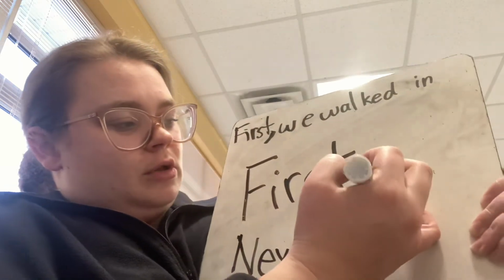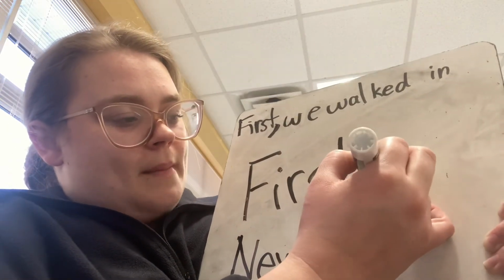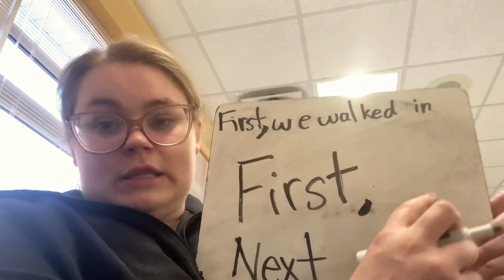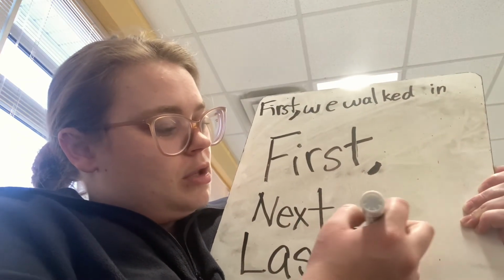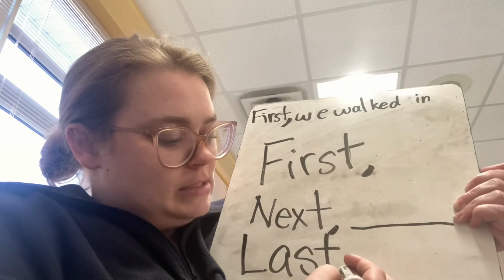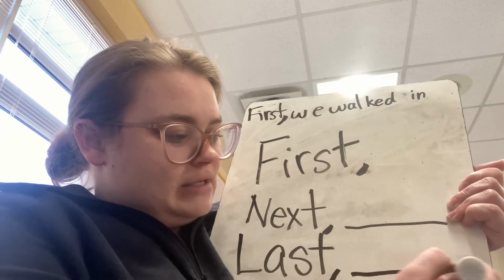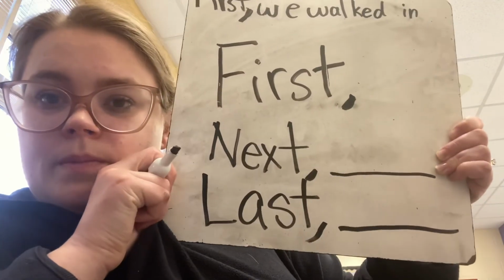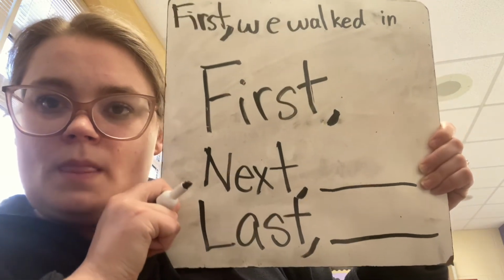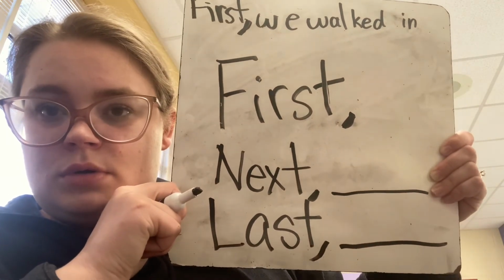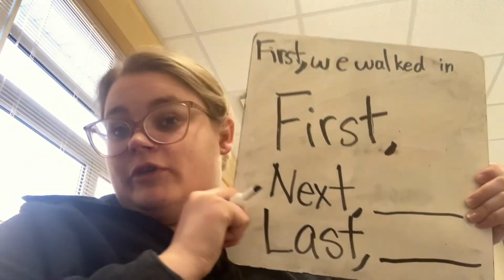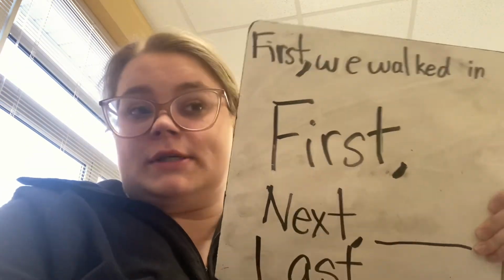So this is what it's going to look like. First, comma, then the rest of your sentence. Next, comma, then the rest of your sentence. Last, comma, rest of your sentence. Go ahead and pause the video and add your commas. Okay, so if you clicked on play, you should have your commas sorted.